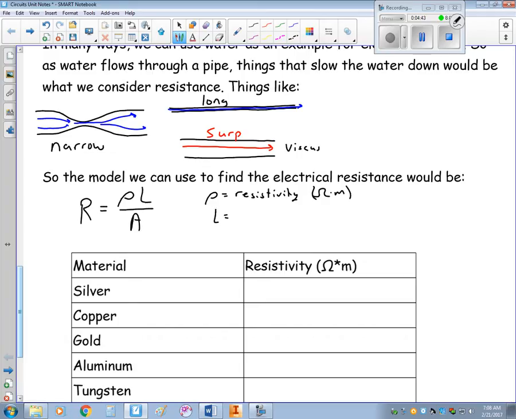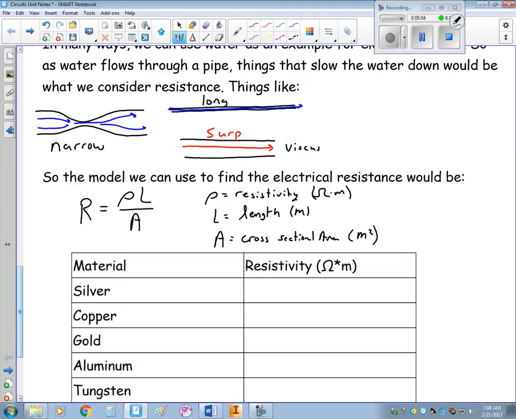L is the length of the wire, which has units of meters, and A is the cross-sectional area of the wire, with units of meters squared.